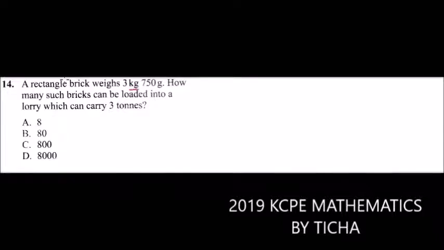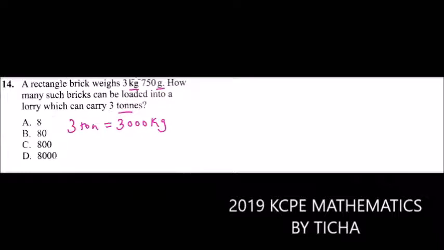We have kg, grams, and tons. So you have to convert into one unit so that you are able to work. We can work with kg. 1 ton is equal to 1,000 kilograms. So 3 tons is equivalent to 3,000 kg.